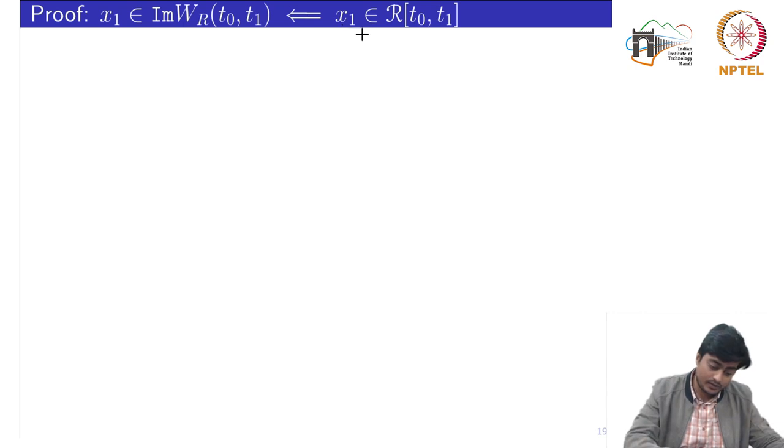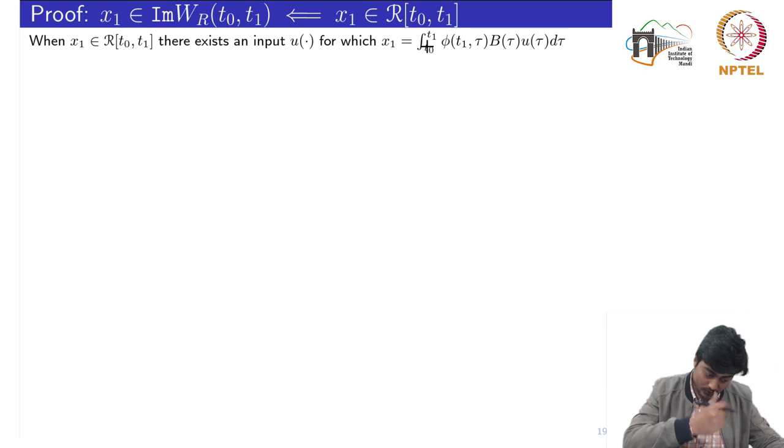Now going for the second part, x1 belonging to this space implies x1 would also belong to this space. To see the proof, what we want to show is that when x1, which is the given condition, belongs to the reachable space, we know that there exists some input u for which this equation is satisfied, right?